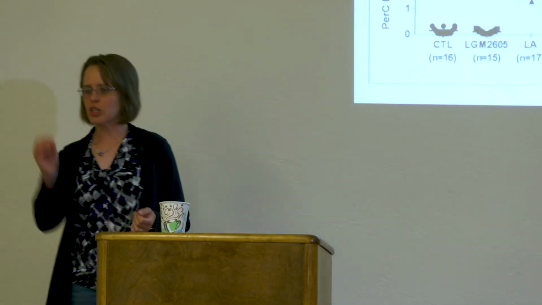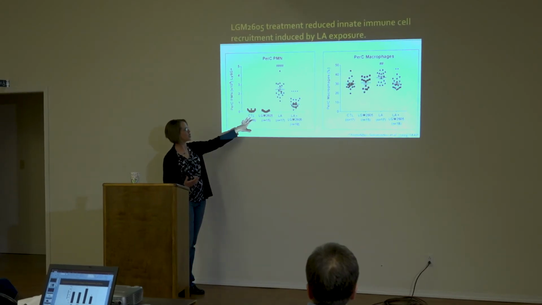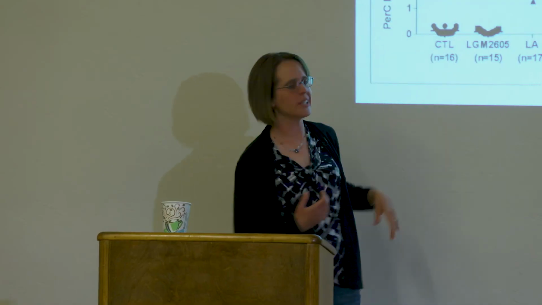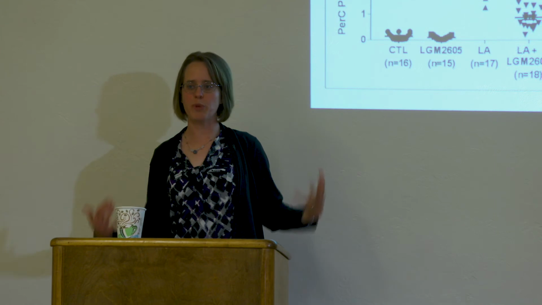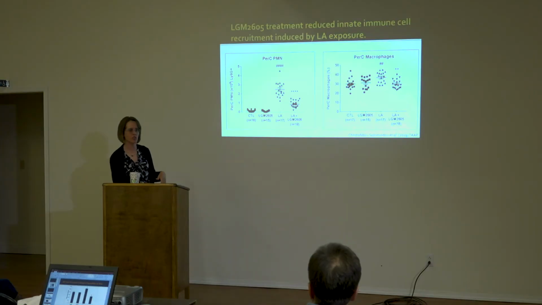So this is just a little bit of the data. What we saw is when we had control mice and LGM, so just the drug by itself, we didn't really get any immune responses. We're looking at immune cell trafficking into the peritoneal cavity, where the drug or the fibers were instilled intraperitoneally.